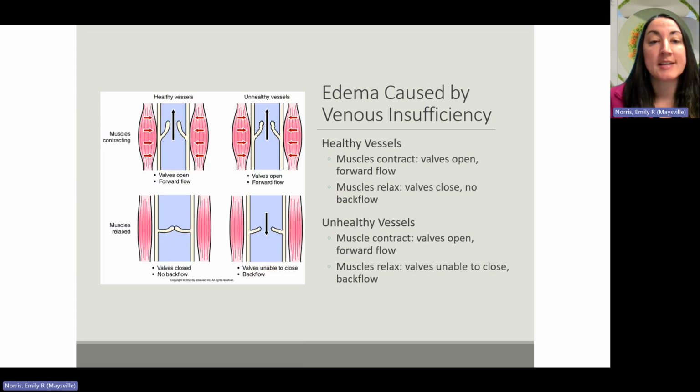If a patient has venous insufficiency, what is causing that? So with a healthy blood vessel, when the muscles contract, they open the valves in the veins and push the blood flow up back towards the heart. When the muscles relax, the valves close so that the fluid cannot backflow and cause swelling.